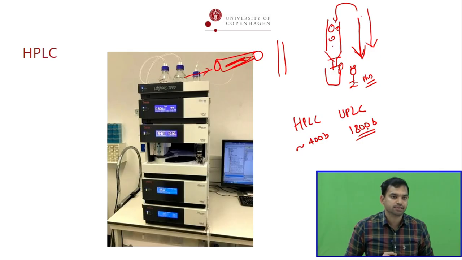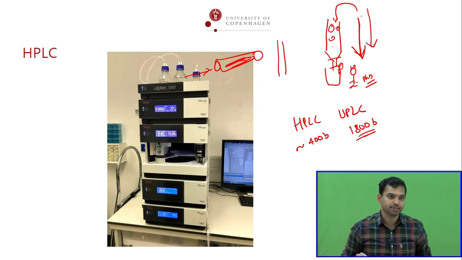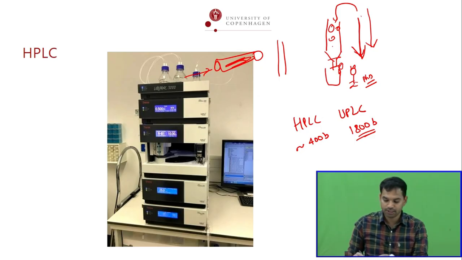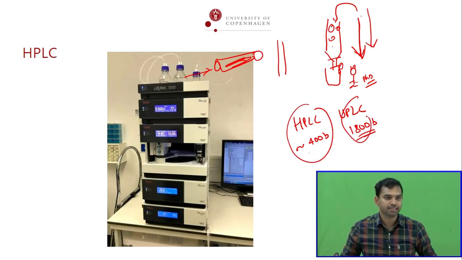That's the only difference, right? You can even make a very fine particle based column with UPLC. Efficiency is very high. You can reduce sample separation time with UPLC compared to HPLC. Okay. But if you have more questions, you can ask me later. I'll not go into detail on all these things. Just remember, they are the same but different in maximum operating pressure.